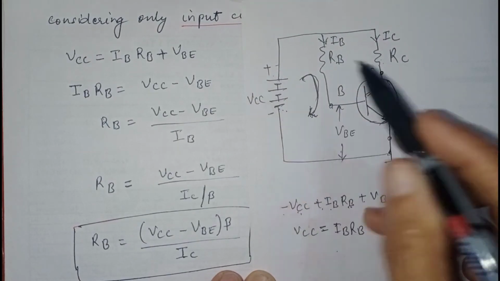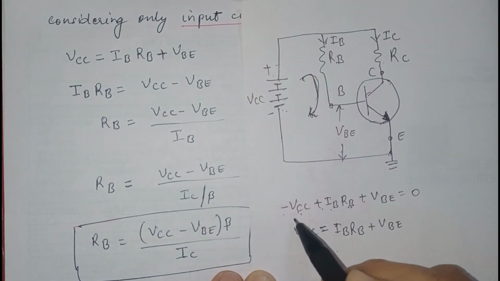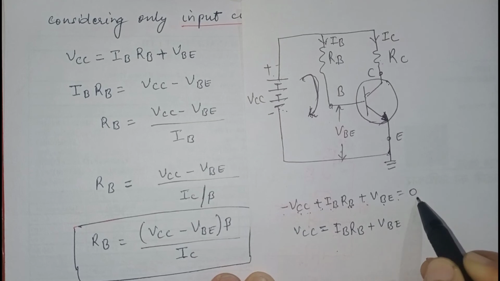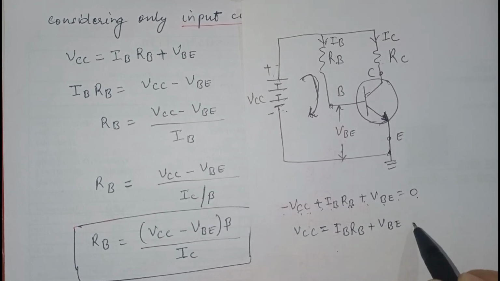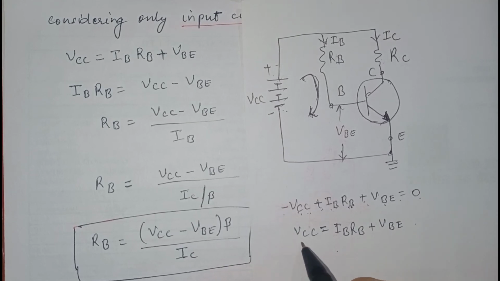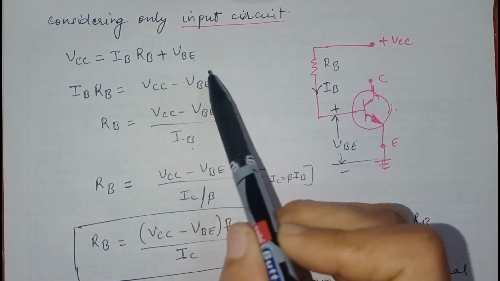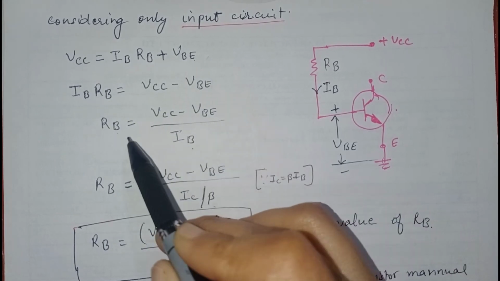It is connected to this one. So minus VCC plus IBRB plus VBE equals 0. Now we will manipulate the equation. So the equation becomes VCC equals IBRB plus VBE. Now after solving this equation, we will get the value of RB.